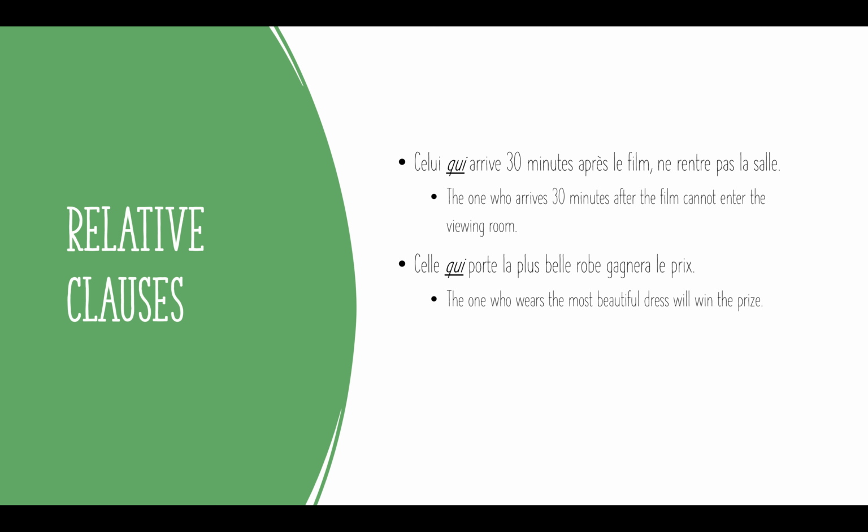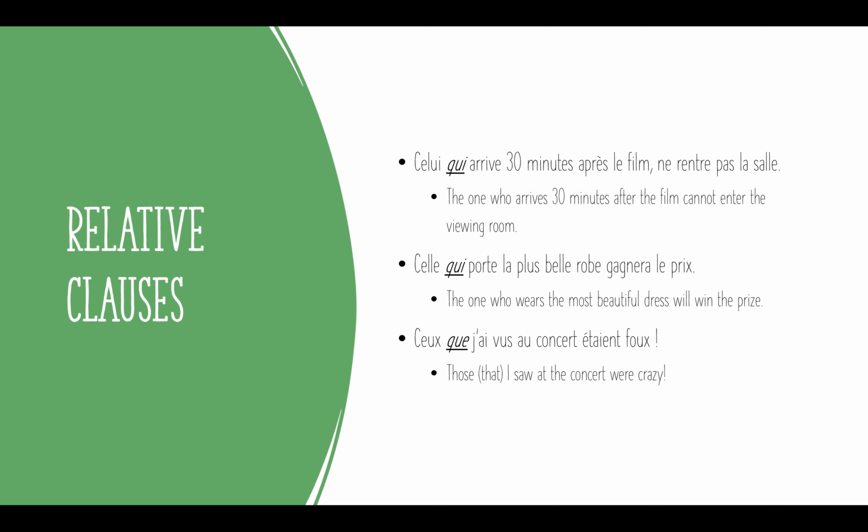Of course, whether you use celui or celle is going to depend. Remember that celui as the masculine form is always going to be your go-to if it's a generalized statement or it's mixed company. Celle is going to be specifically for females unless you're talking about objects, in which case it would depend on whether the object is masculine or feminine.